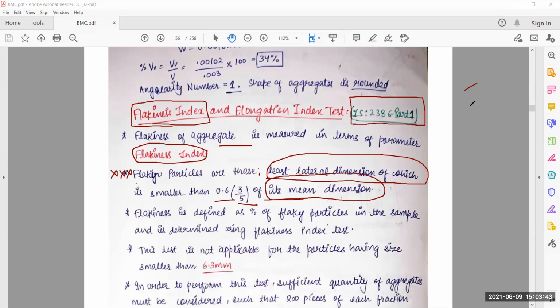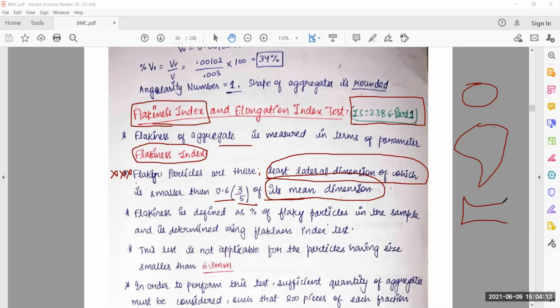I have many aggregates. I have rounded aggregates. This is your rounded aggregate. This one is your angular aggregate, and this one is your flaky aggregate.